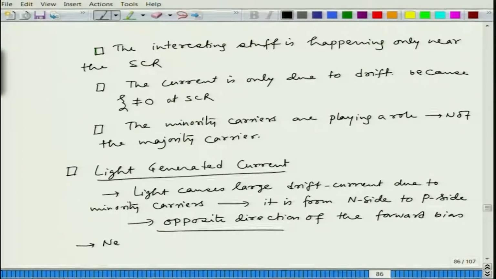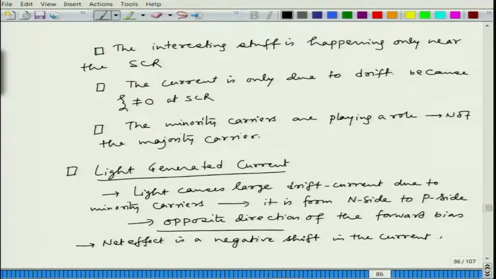So, the net effect is a negative shift in the current axis in the IV characteristic curve.